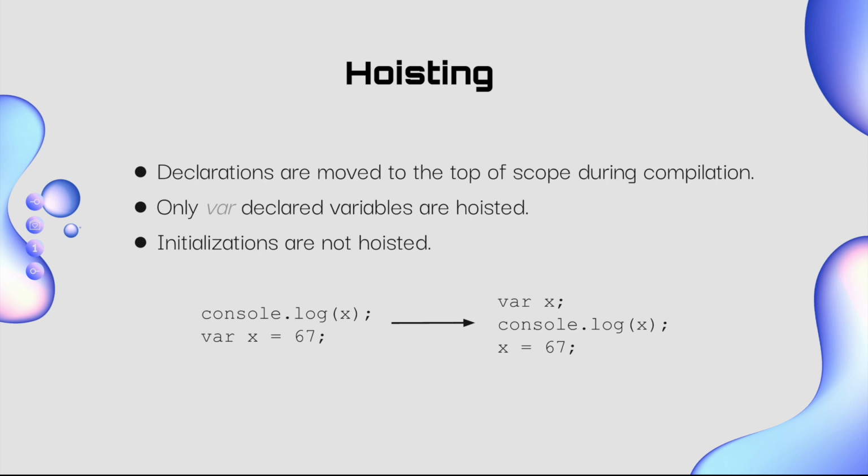In JavaScript, only var declared variables are hoisted. For example, in this block of code, there will not be an error. Instead, it will print undefined because it is actually interpreted like the one on the right. You have to be careful that only the declaration but not the initialization is hoisted.